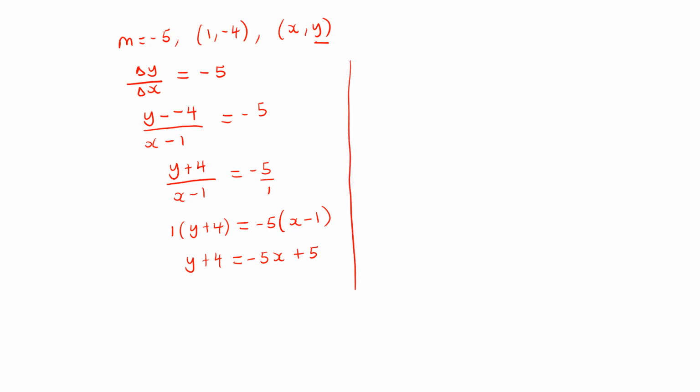If positive 4 crosses the equal sign, it becomes negative. So we shall have y = -5x + 5 - 4. So this gives y = -5x, and plus 5 minus 4 will give you plus 1. So the equation of the tangent is y = -5x + 1.